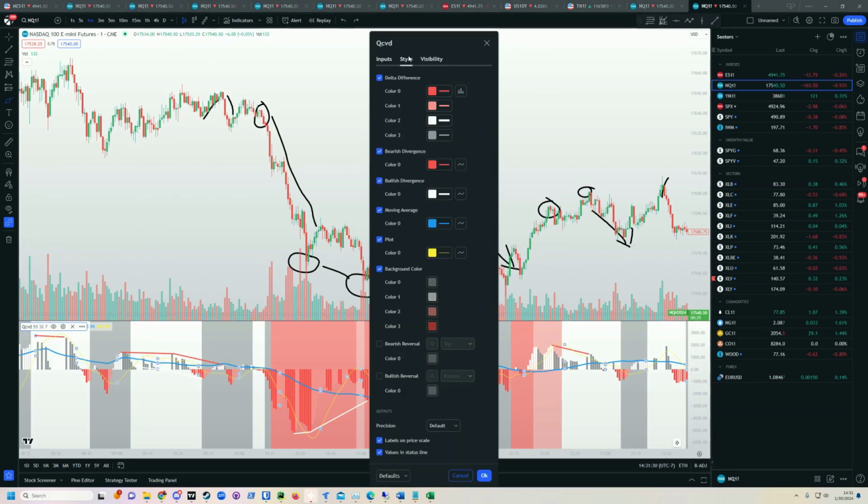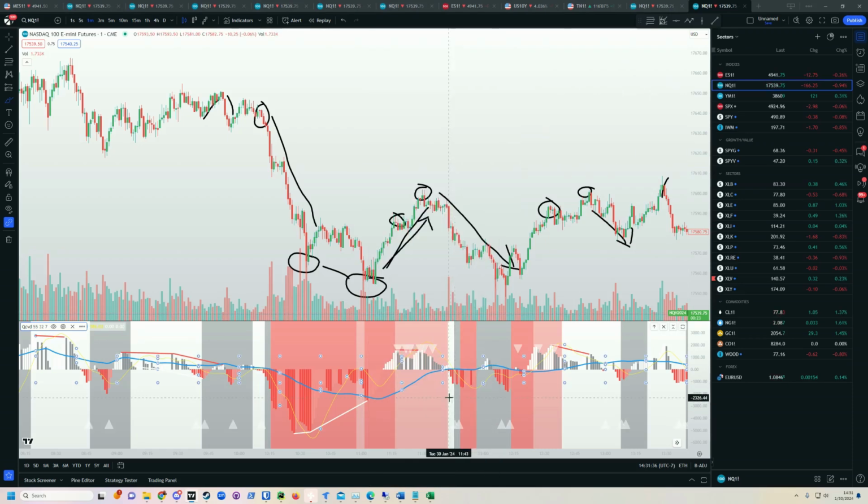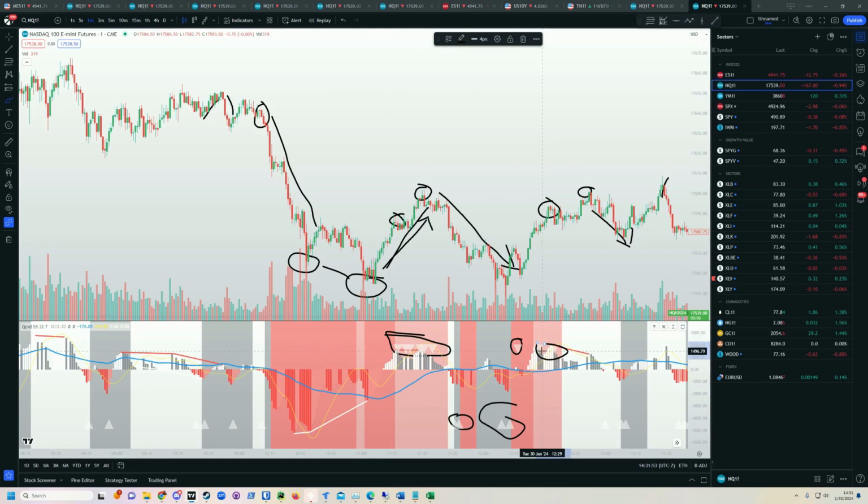And then there also are alerts on here. So what you'll do is come over under Style. You can turn them on over here, and it'll show you little triangles, and they'll pop up and say, hey, get ready for something to happen. That's what it's trying to tell you. Right here, it's trying to tell you that something is going to happen. The momentum is shifting, and you'll see where it goes from moving up like that, and it'll turn this lower color.